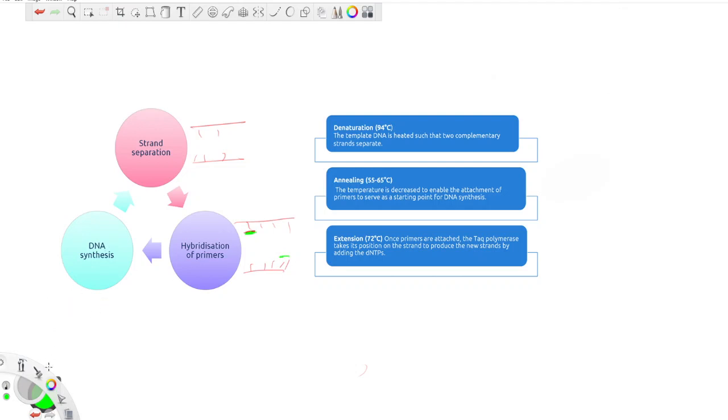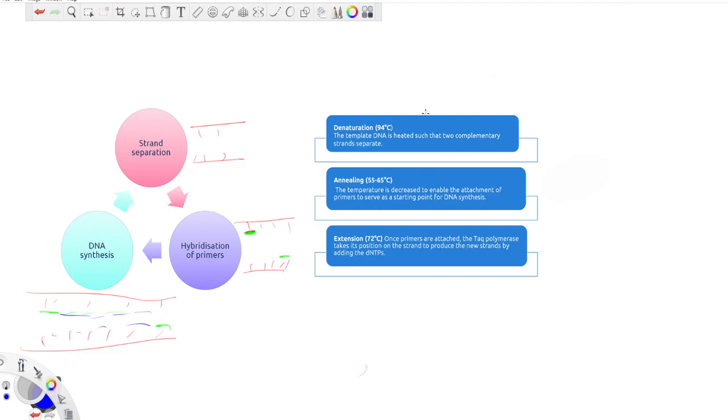Then you have your other step, which is DNA synthesis. Out of those primers, we are going to make a new strand of DNA. So if I redo this, I'm going to add in blue my new piece of DNA here and here. And we just repeat this over and over and over.